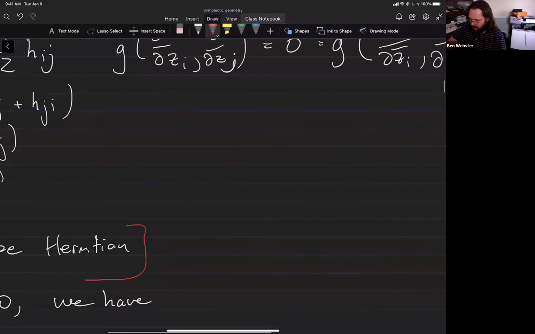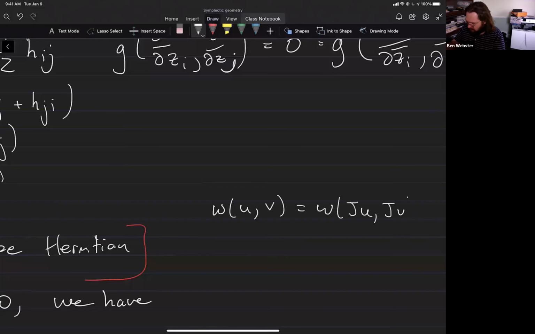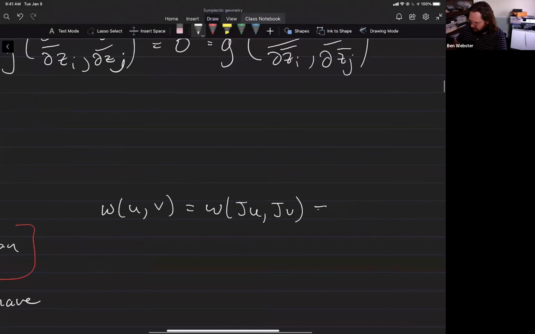So let me just remind you, the two things I need for a symplectic structure to be compatible with a complex structure. One way of saying it is that omega of u, v is equal to omega of Ju, Jv, so that implies that it has to be a (1,1)-form.